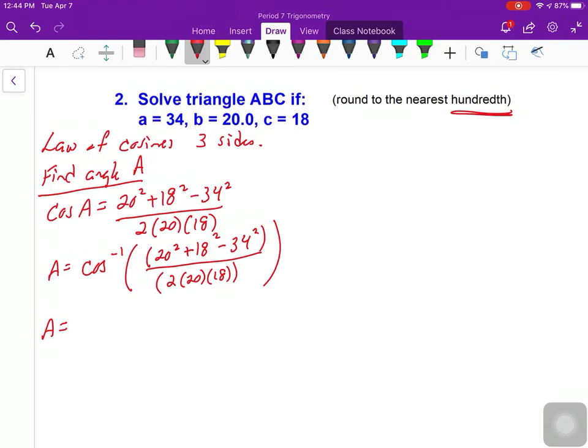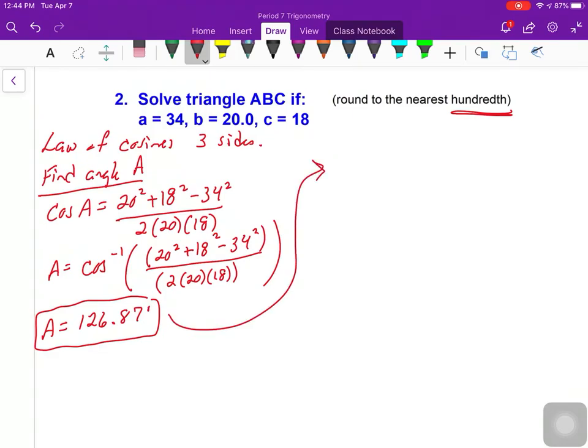This time we're going to the nearest hundredth, so that's 2 decimal places. Inverse cosine, 20 squared plus 18 squared minus 34 squared divided by the quantity 2 times 20 times 18. 126.87.